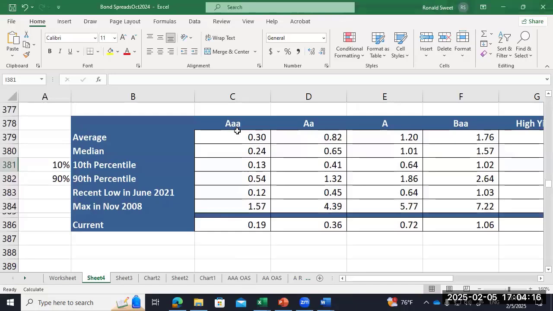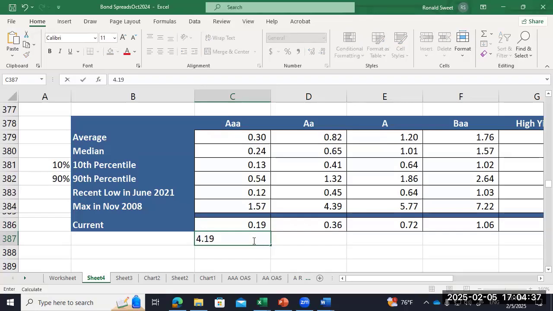So AAA, the current spread on AAA back in October was what? 19 basis points, 19 bips. So if the 10-year is paying 4%, the AAA is going to pay you 4.19.